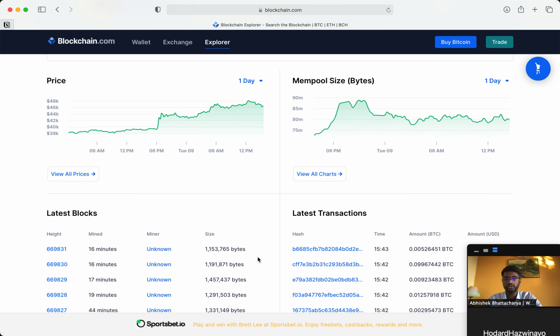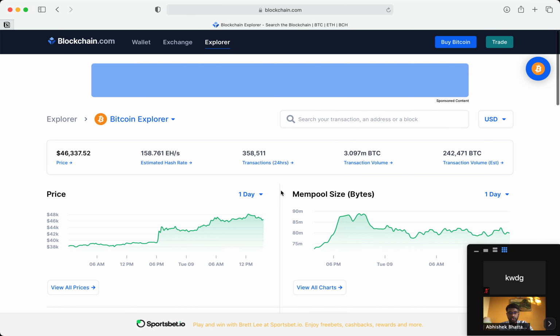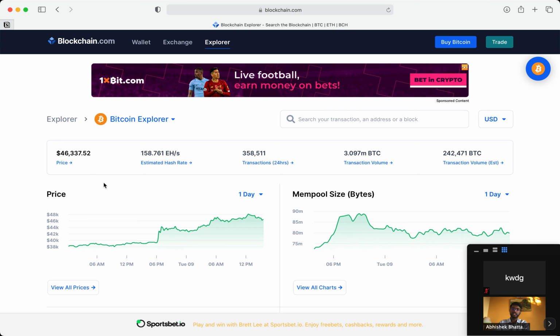We scrolled down and discussed blocks and transactions for 5, 6, 7 minutes max. We scrolled up, and immediately it was 43.5 or $44,000, right? That shook the entire class, because we were already discussing the volatile nature of Bitcoin, and within 5 minutes it went up by 3,000 to 4,000 US dollars.